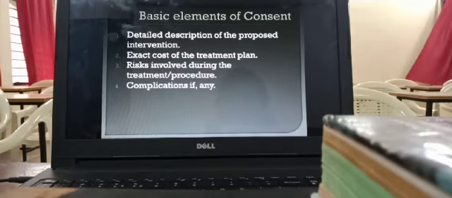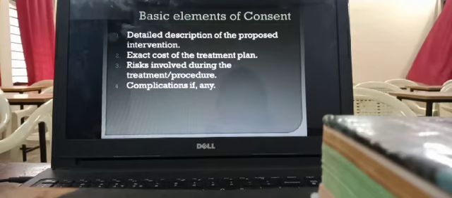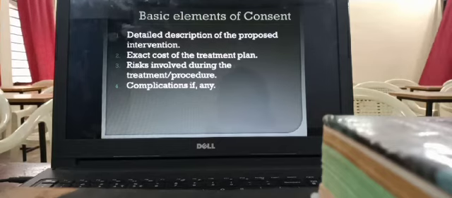Patients who undergo sedation, especially spinal anesthesia, sometimes have back pain, in most of the patients. Those kinds of complications can be explained if there are any. So these are the basic elements that have to be explained before obtaining consent from the patient.